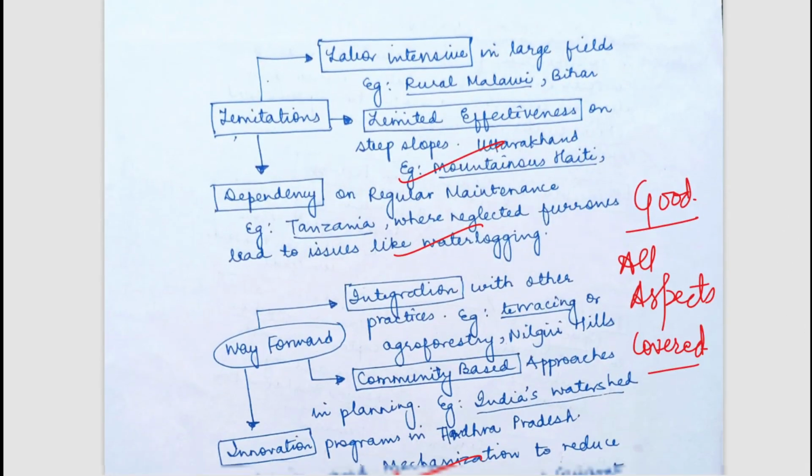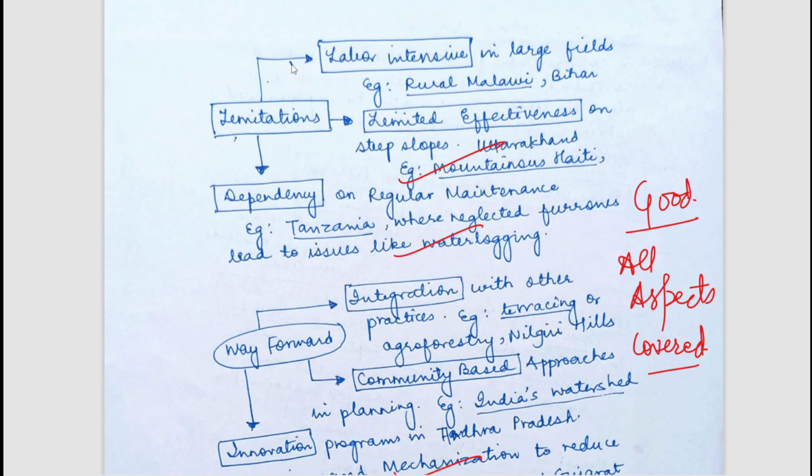Obviously, the soil will retain enough moisture, so it will enhance our crop yields. There are certain limitations which the student has mentioned, such as it becomes labor intensive. There is limited effectiveness on steep slopes, because on steep slopes it is very difficult to reduce the speed of water, so that becomes a problem. There is also dependency, because we have to depend on regular maintenance. If we do not maintain it properly, that could be a problem.